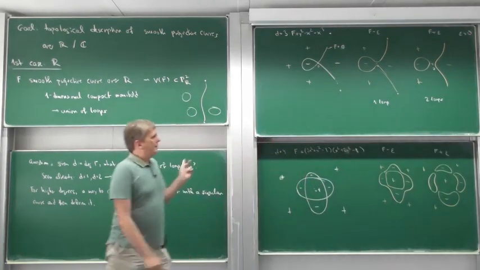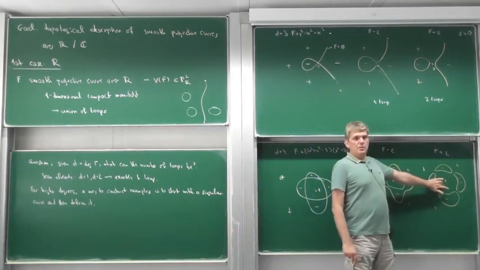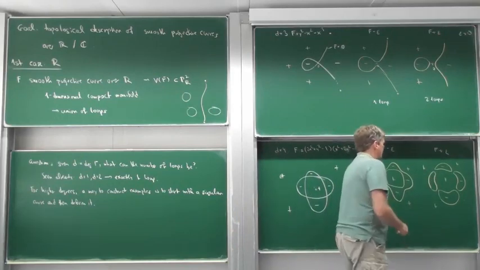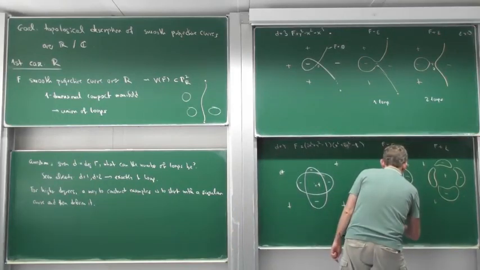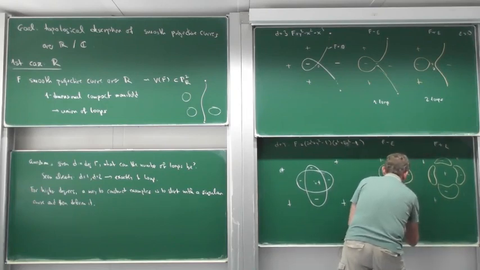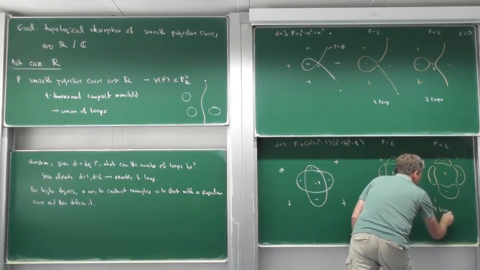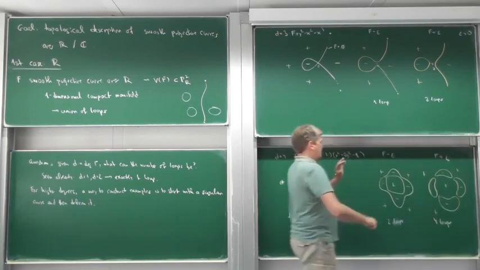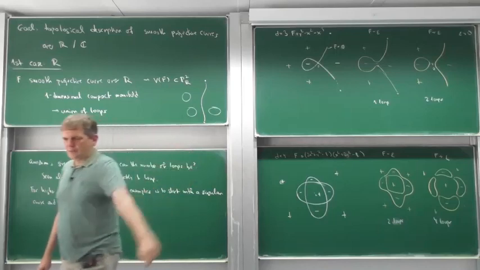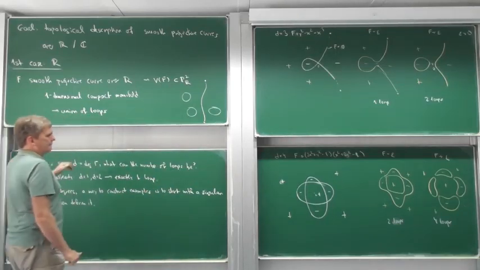So that means, again, we have a different number of loops. Here we have 2 loops, here we have 4 loops, so the number's already quite big. In that case, they are both bounded, and also here we have 4 bounded loops. And so the question is, what is the bound? Can we get more than 4, and depending on the degree, how many can we get?